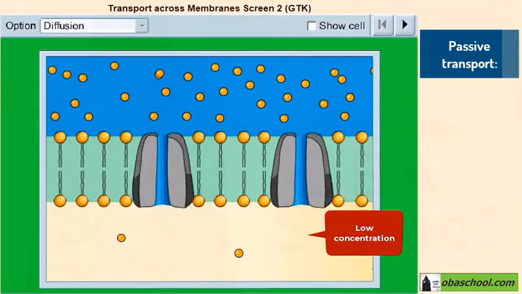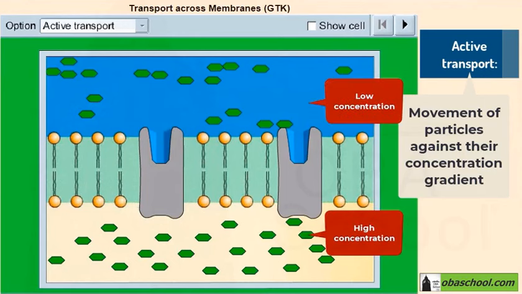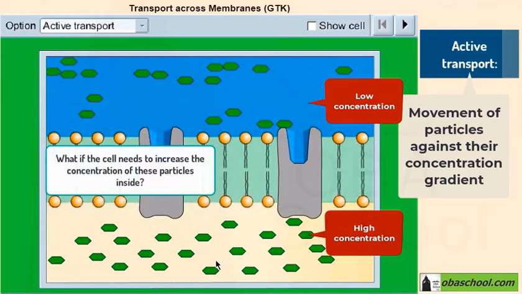On the other hand, sometimes the movement of the particles is against their concentration gradient, and this is known as the active transport. We can all notice a high concentration of particles inside the cell compared to the outside environment. So actually the particles are moving against their concentration gradient.